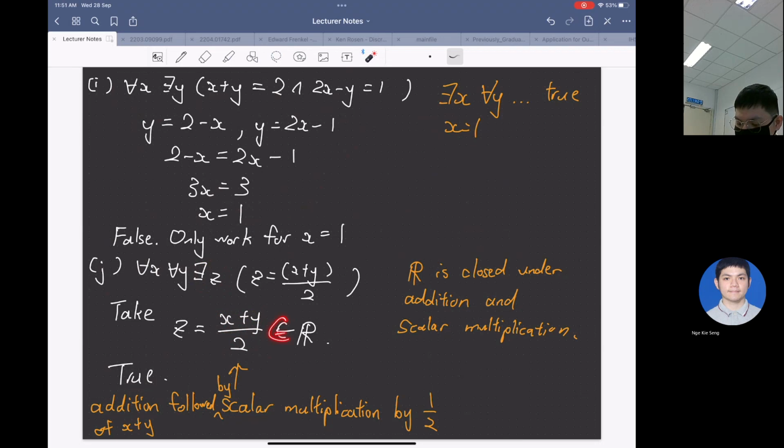You need to show that it is a real number. Why is it a real number? Because you add two real numbers together and then multiply by half, which we call scalar multiplication. So real numbers are closed under addition and scalar multiplication. So it's true. You just take z equal to (x plus y) over 2.